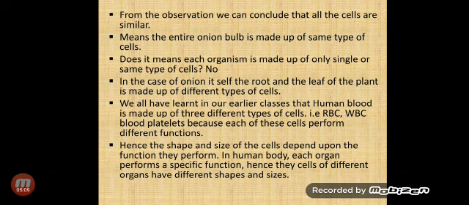This is because red blood cells perform a different function compared to white blood cells and blood platelets, and hence based upon the function the organ is going to perform, the type of cell that makes up the organ will also vary. To put it in a nutshell, based upon the function they perform, the shape, size and type of the cells will vary.